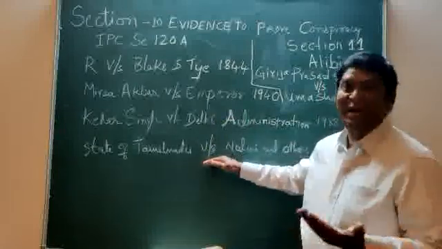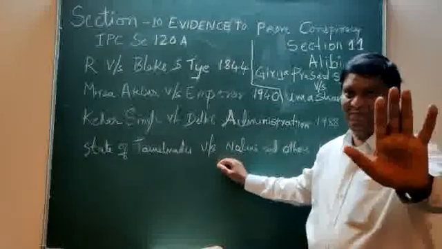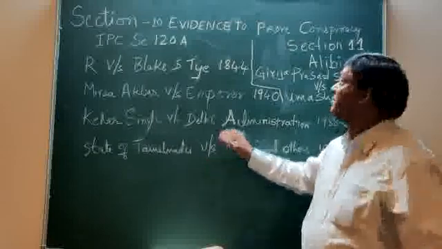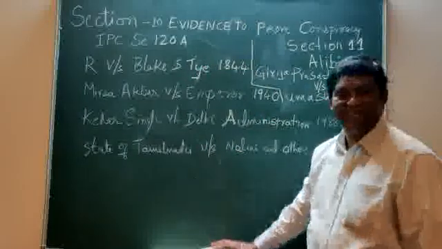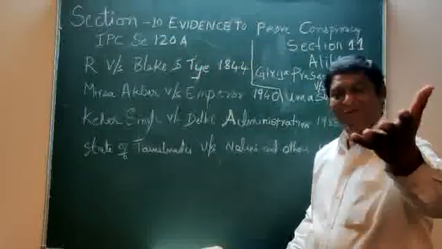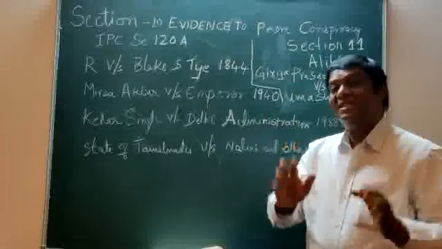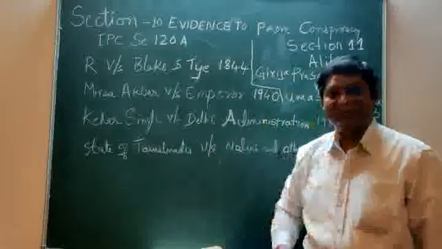For your knowledge, I have given you this simple case. Okay? So if they ask you a main question, explain the evidences to prove conspiracy, write this much, create your own 1 or 2 illustrations. Okay? So that's about section 10.